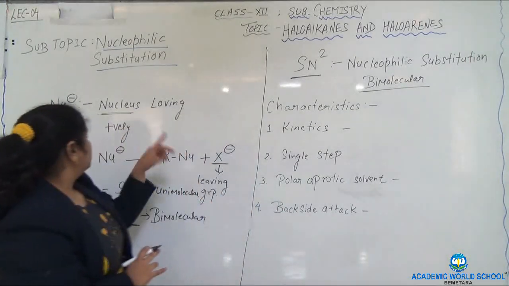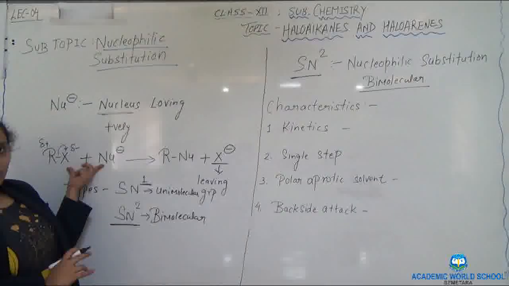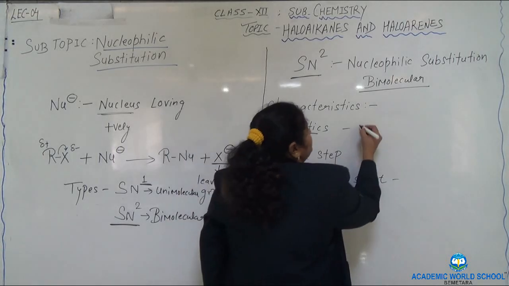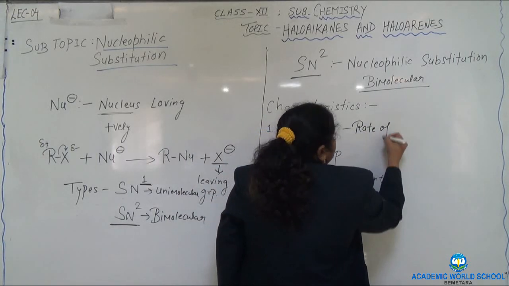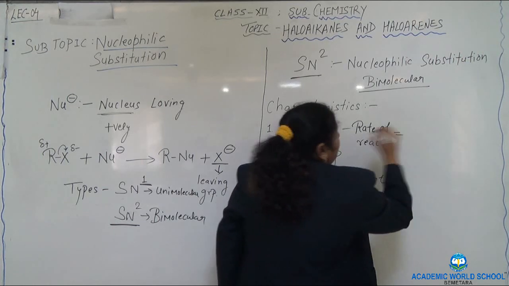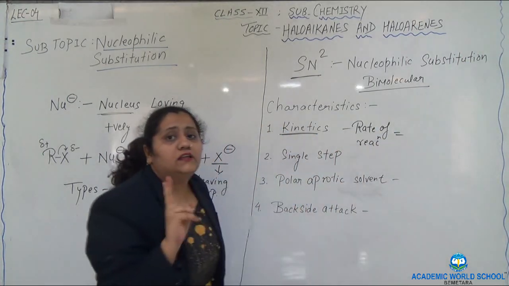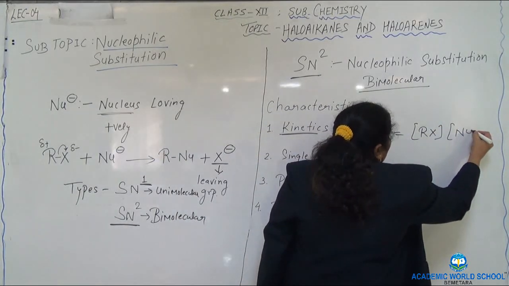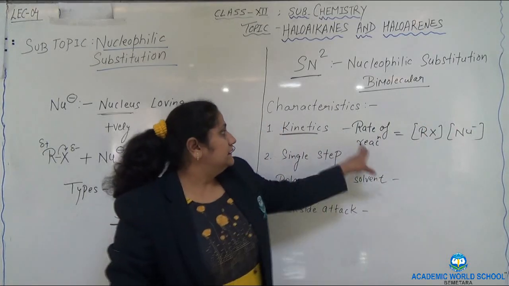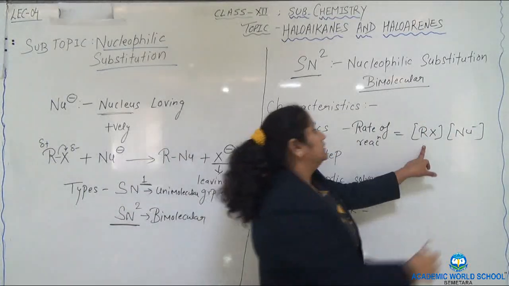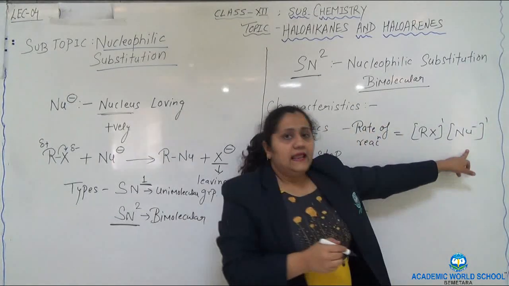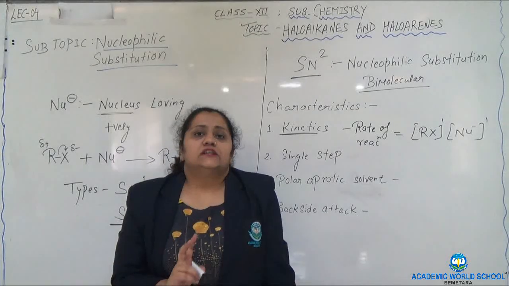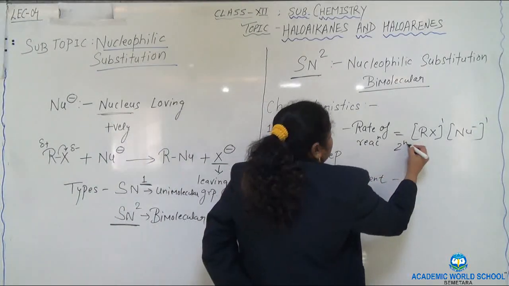In this general reaction, there are two reactant molecules, RX and the nucleophile. In an SN2 reaction, the kinetics, meaning the speed of the reaction, termed the rate of reaction, depends upon both RX and the nucleophile. Hence the molecularity of that reaction is 2 and the kinetics of this reaction is called a second order reaction.